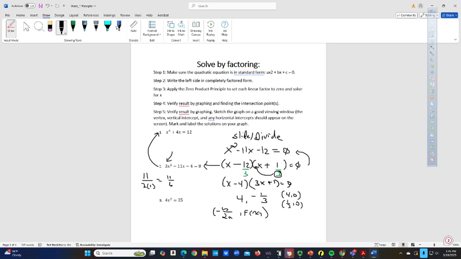Now to solve for y, I just need to replace x with 11/6. This is going to be fun because it's a fraction, but oh well, we can work with fractions. So 3 times 11/6 squared minus 11 times 11/6 minus 4, right?